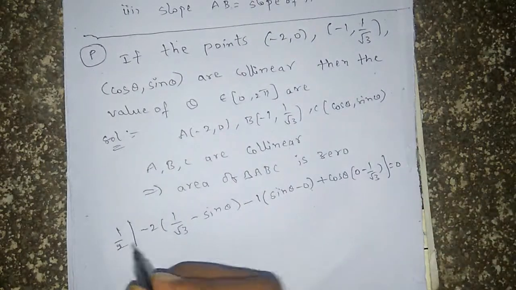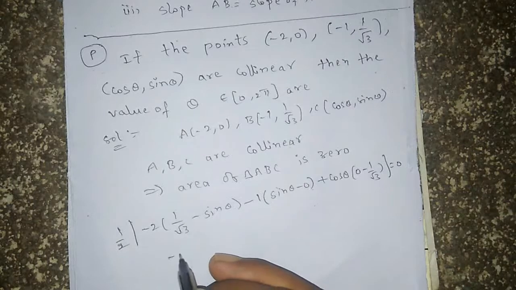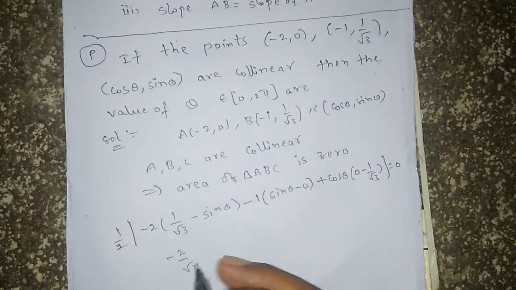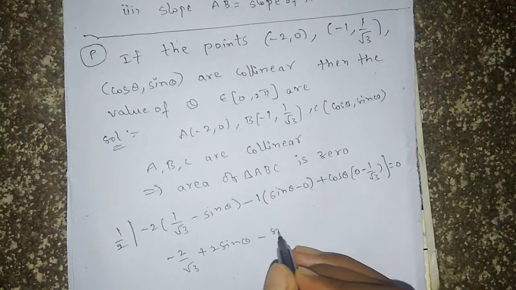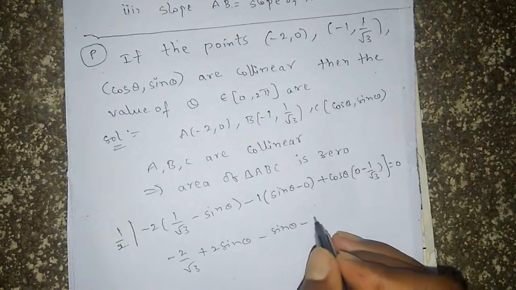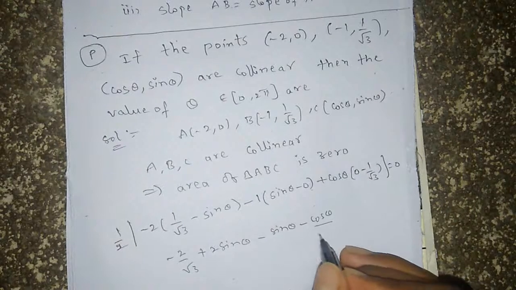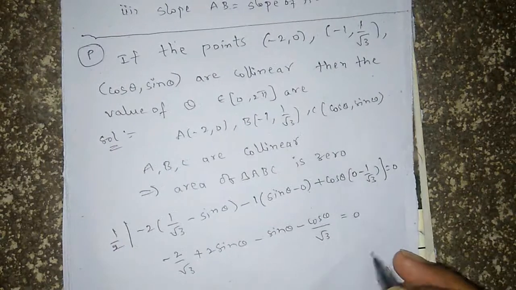Here 2 goes to the right side, that will be 0. This is minus 2 by root 3 plus 2 sin theta minus sin theta minus cos theta by root 3 is equal to 0.